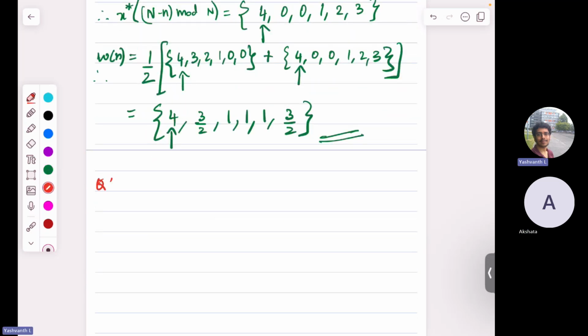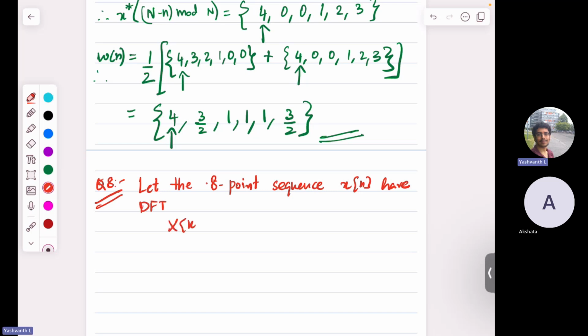Next to question 8 now. Let the 8-point sequence x of n have DFT x of k equal to k plus 1, that is k ranging from 0 to 7.